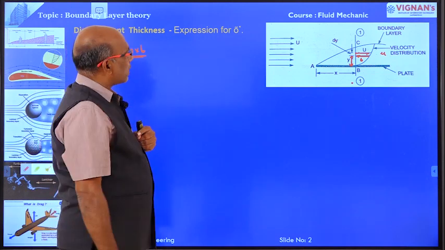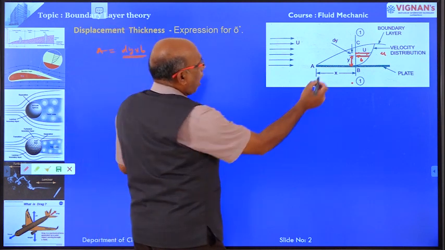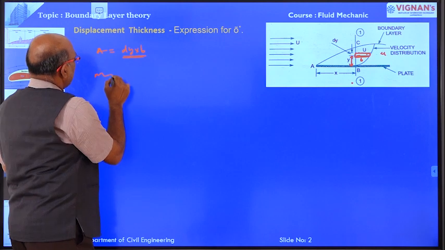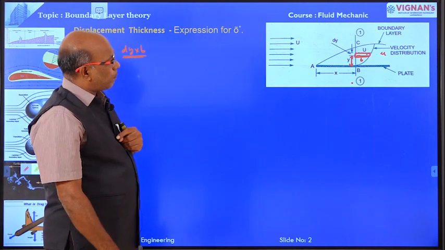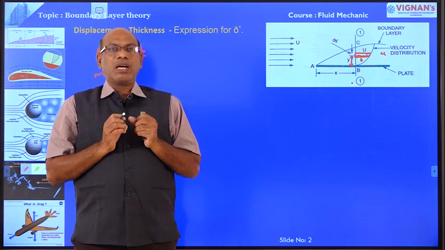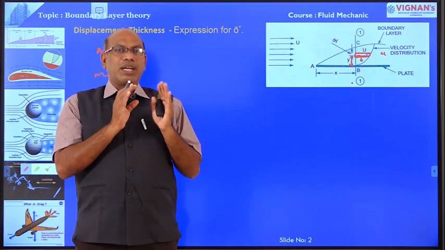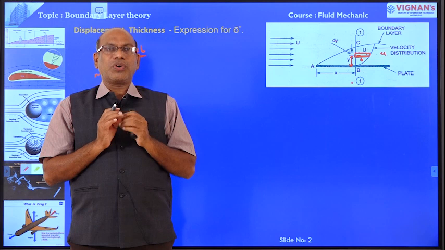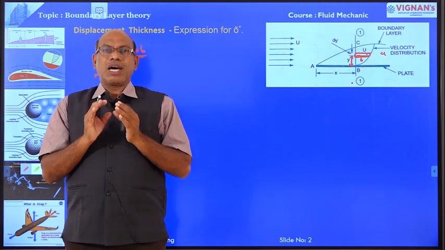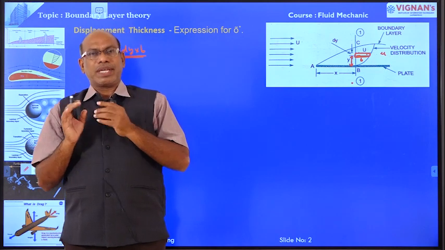Now we are going to determine the mass of fluid flowing through the strip. Mass of fluid flowing through the strip per second is equal to mass density into volume, or mass density into discharge, or velocity into area.